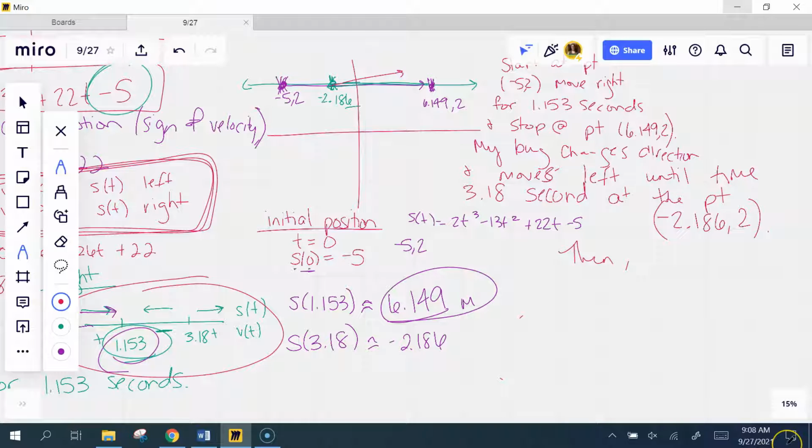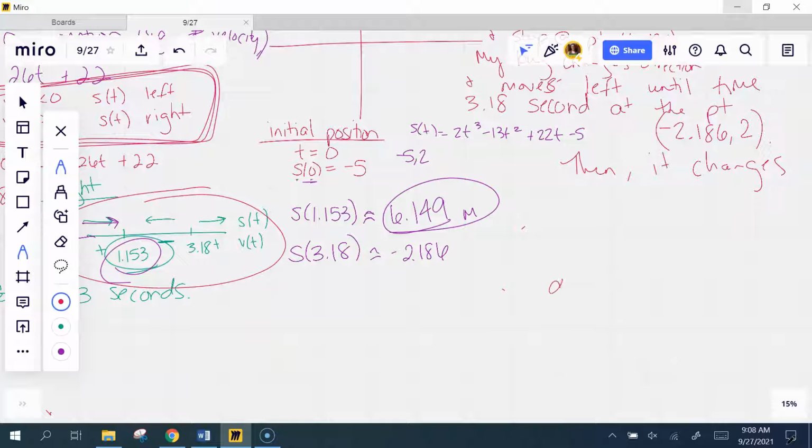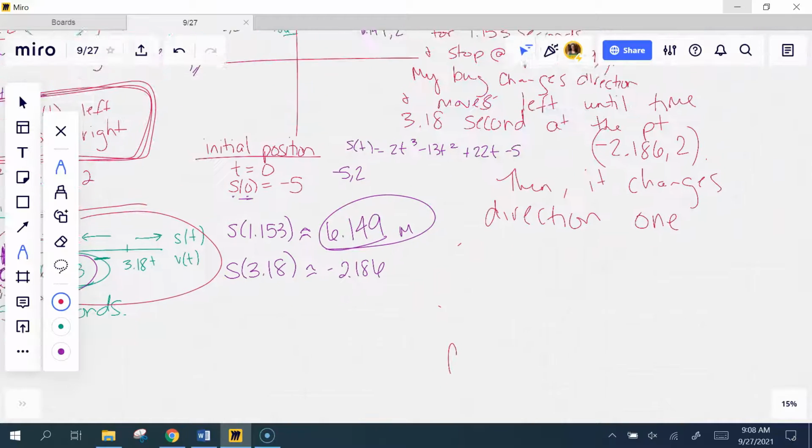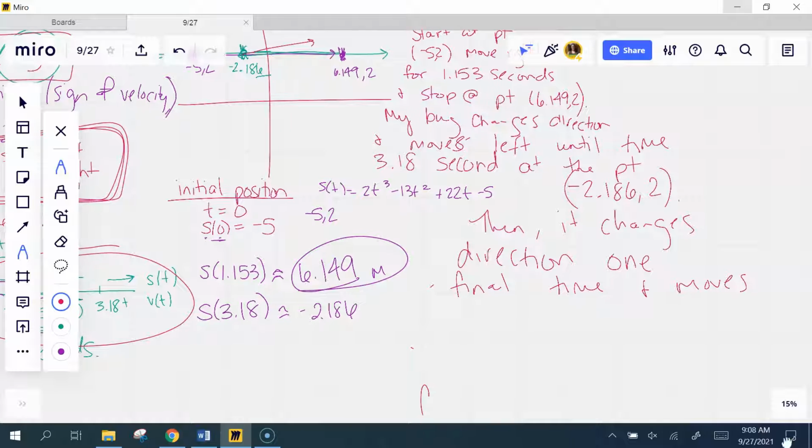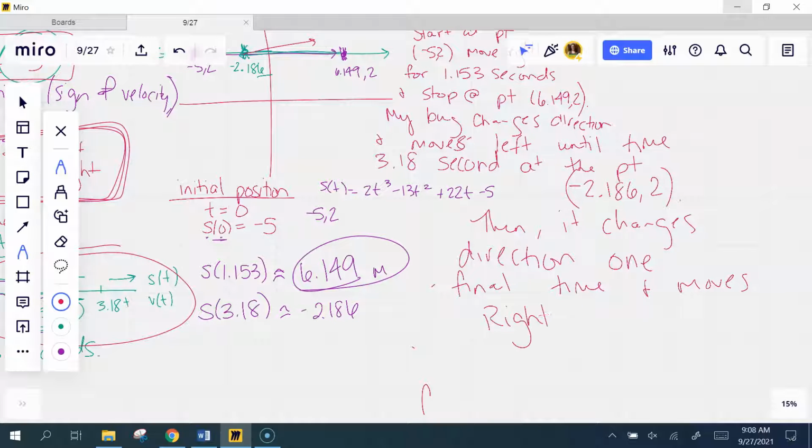Then it changes direction one final time. I love this problem though. And moves right forever. Thank you, Van. That's on my recording. I'm sorry. Now I can answer the rest of the questions.